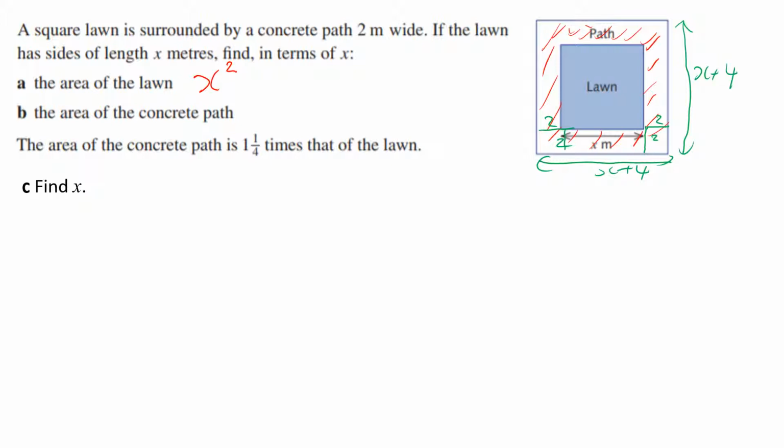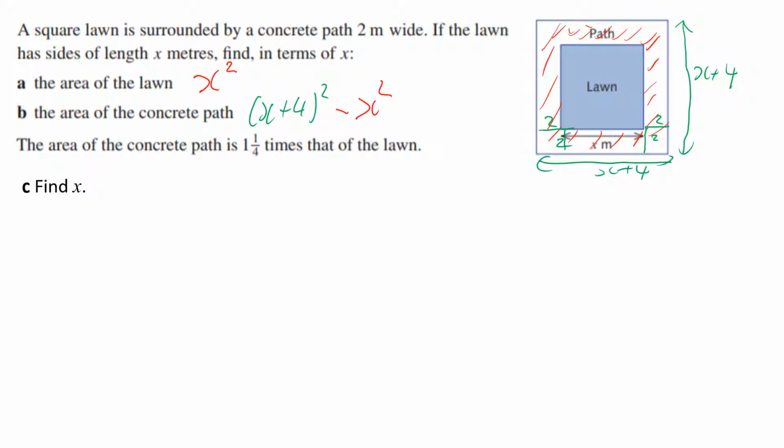So what does that mean about the combined area of path plus lawn? It'll be x plus 4 all squared. But we're not interested in the area of path plus lawn, just the area of the concrete path. So from it, we need to subtract the area of the lawn.